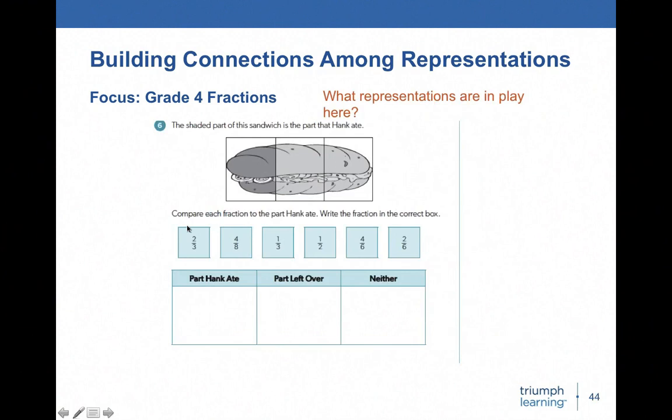So when we look at the actual models that are being joined or related, we're seeing a strip model in the original example. We're seeing a context in the way that the problem is presented below that. And then we're seeing the symbolic form below that. So there's a whole lot going on here, and this is what I would call an extremely high rigor problem.